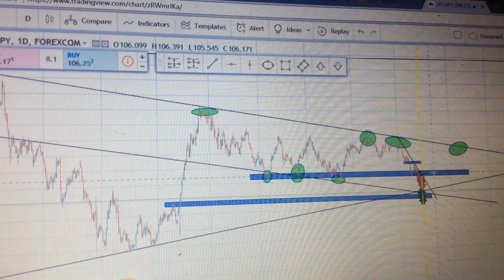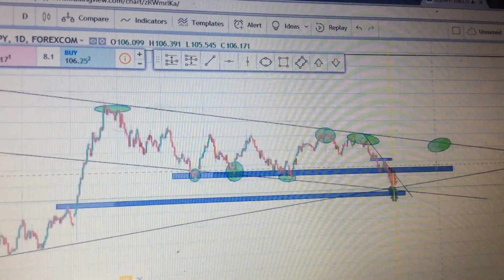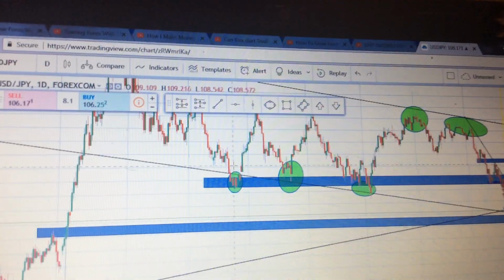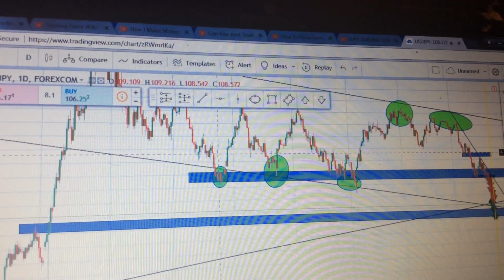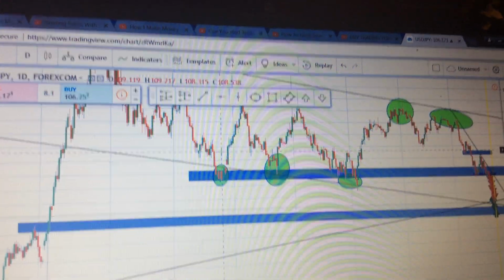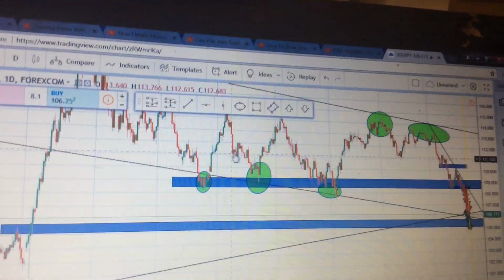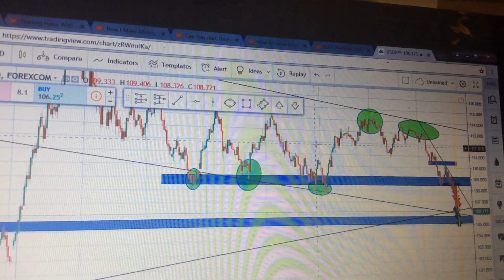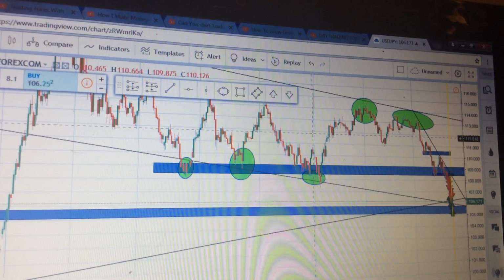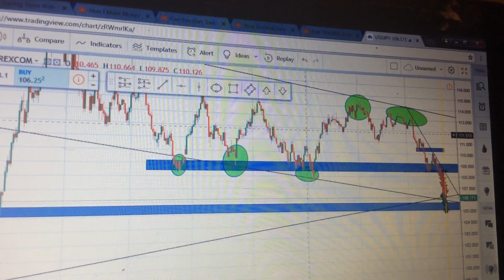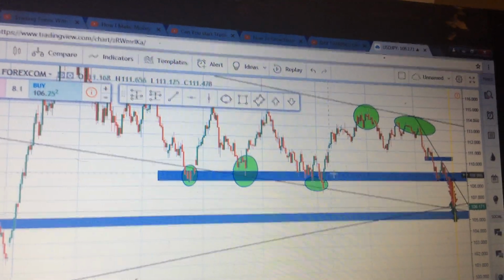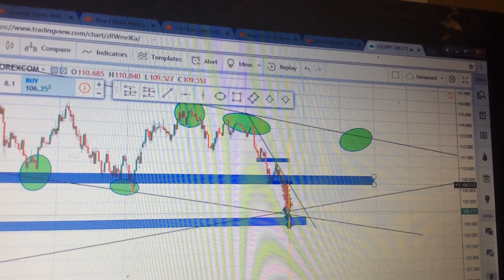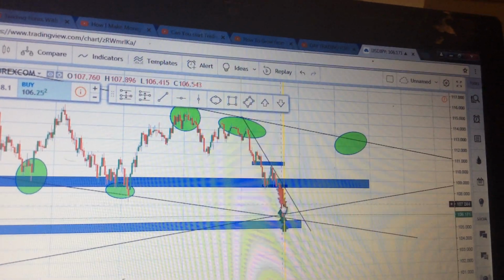I'm guessing we're going to have some kind of resistance right there. We're going to hit that ceiling, just because in 2017, January, March, April, in April 17, May 17, and August 17, we hit that support right there, and we broke it.